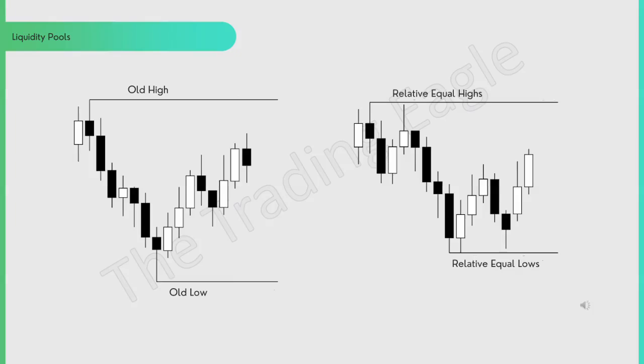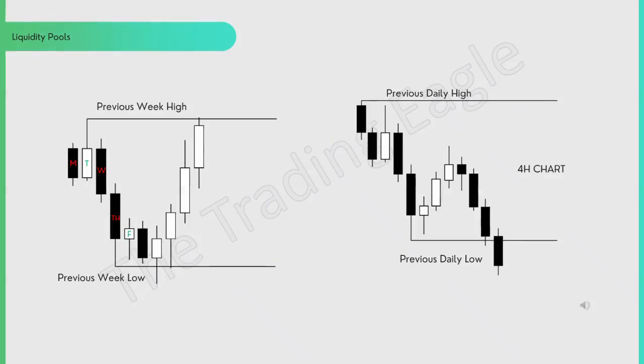And one of those major pools is also the previous week high and the previous week low. So if a week forms a high and a low, the next week will probably go for either the high first or the low first.